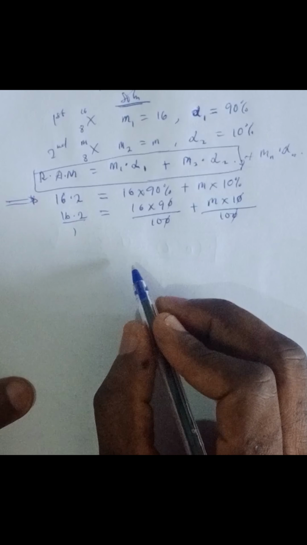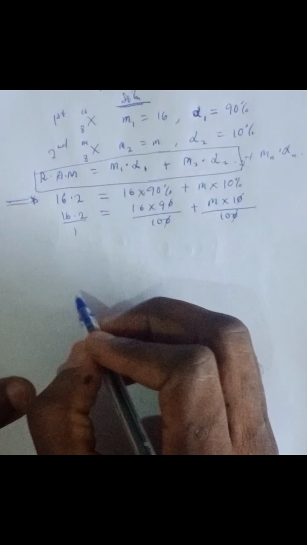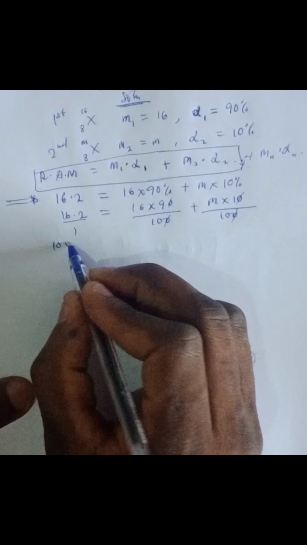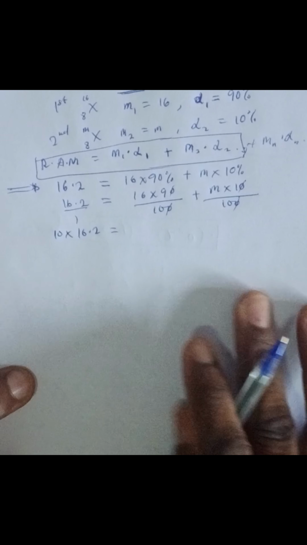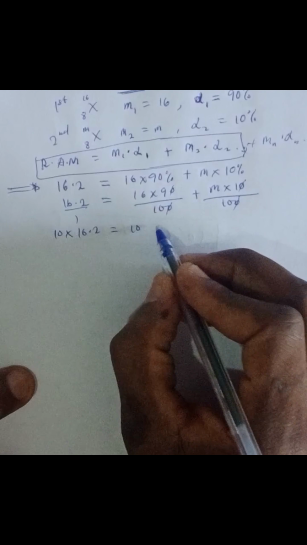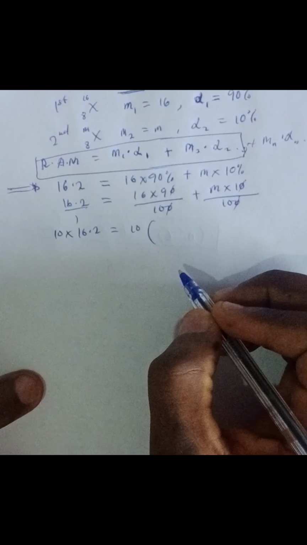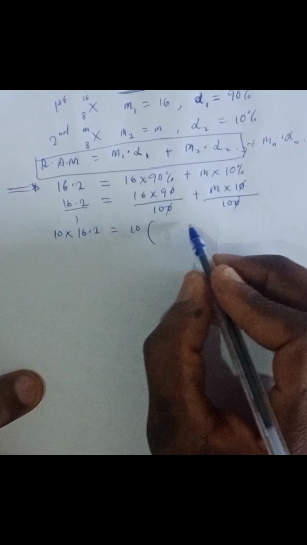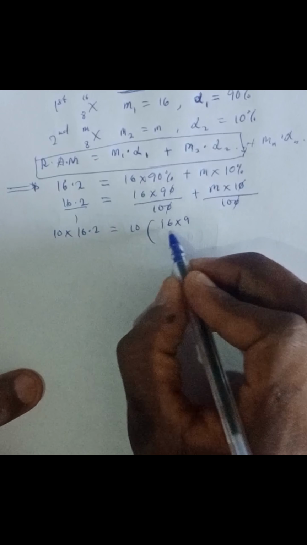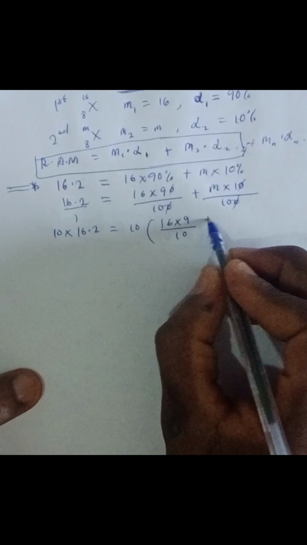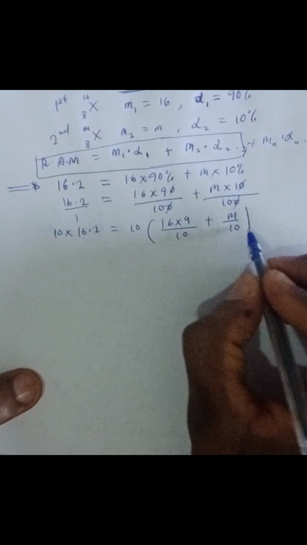Now let's multiply both sides by 10. So we say 10 multiplied by 16.2 will be equal to 10 open bracket, 16 multiplied by 9 divided by 10 plus m over 10.